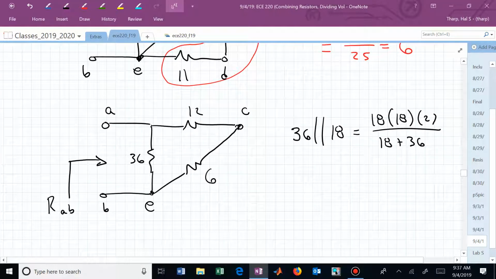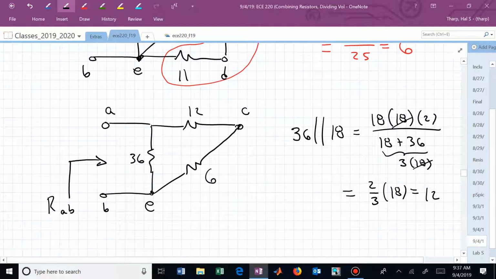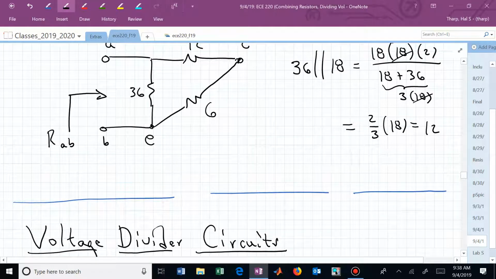I'm writing 36 as 2 times 18 because I didn't want to bring my calculator and have to calculate 18 squared, or 18 times 36. So this 18 cancels that, and now I have 2 over 3 times 18, or 12.